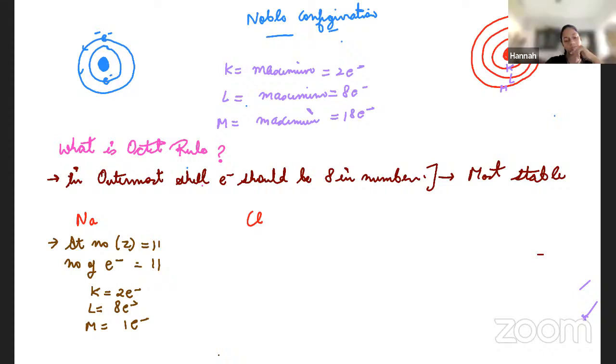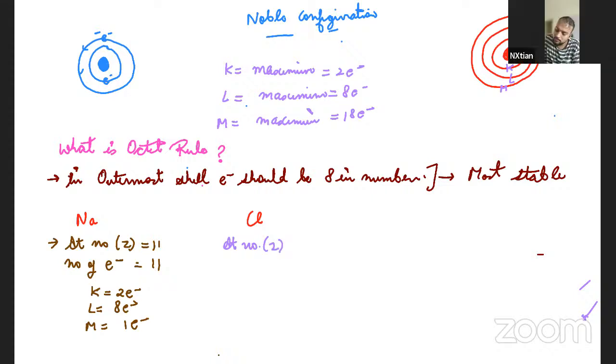Okay. Yes. Now, if I talk about chlorine, what is the atomic number of chlorine? It's 17. So, if 17 is the atomic number, then what is the number of electrons? 17.